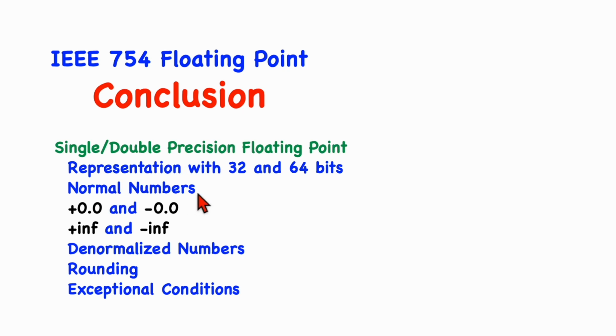I talked about how normal values were represented, and I also talked about the special representations for positive and negative 0, as well as for positive and negative infinity. I described denormalized or subnormal numbers, which are very close to 0, and I also described various rounding techniques and talked about some exceptional conditions that can arise during computations.